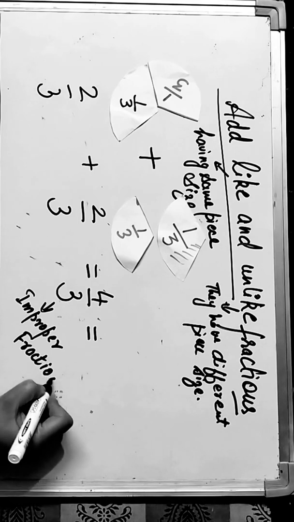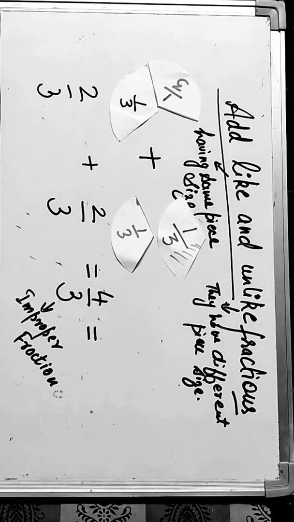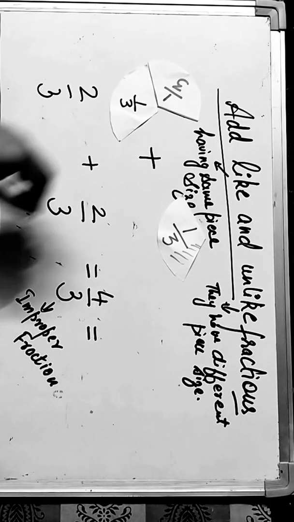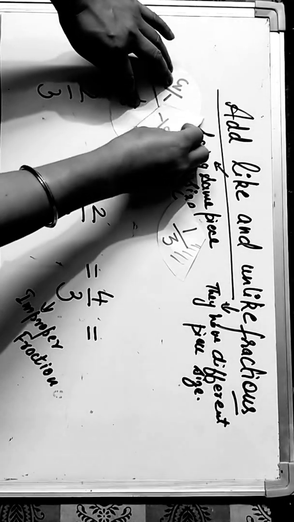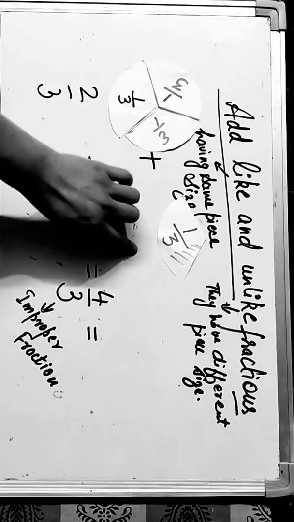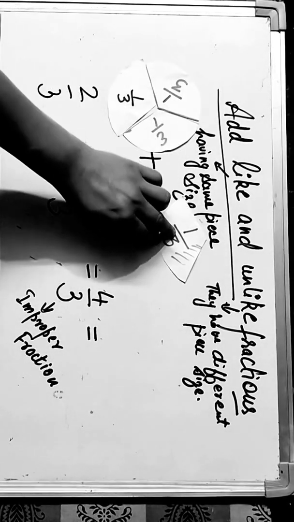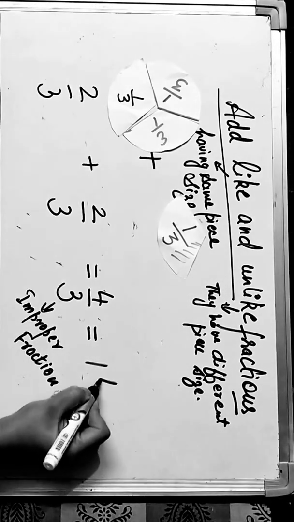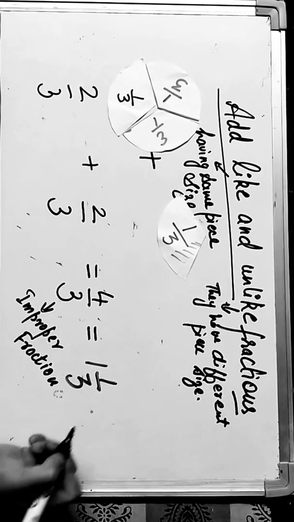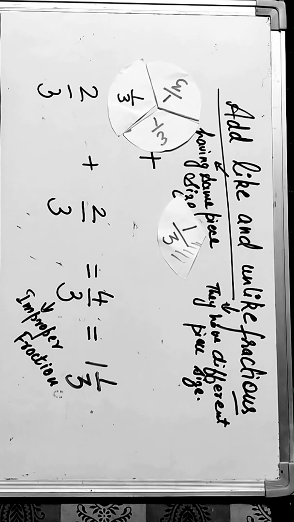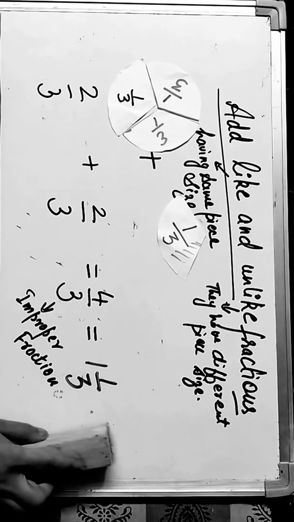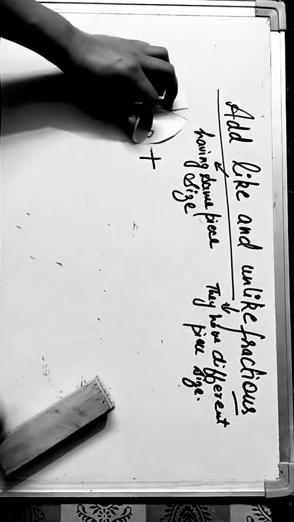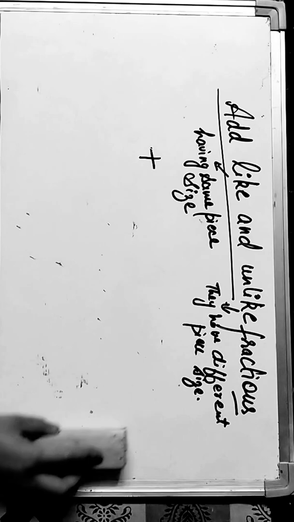Mostly we have to keep our answer in mixed fraction, that is the more simplified form. So if I join 3/3, I'll get 1 full chocolate and 1 more third that we are left with. So this is the way that we can solve like fractions.